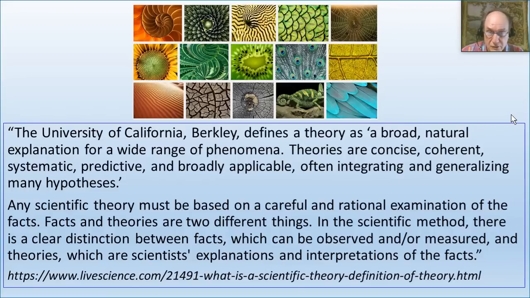Theories, just continuing on our slide here, are concise, coherent, systematic, predictive, and broadly applicable. That's what I'm going to show you. It's concise, coherent, systematic, predictive, and broadly applicable, often integrating and generalizing many hypotheses.